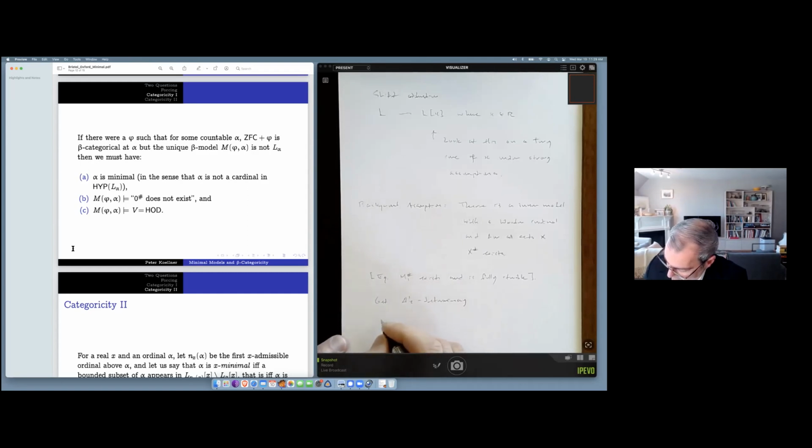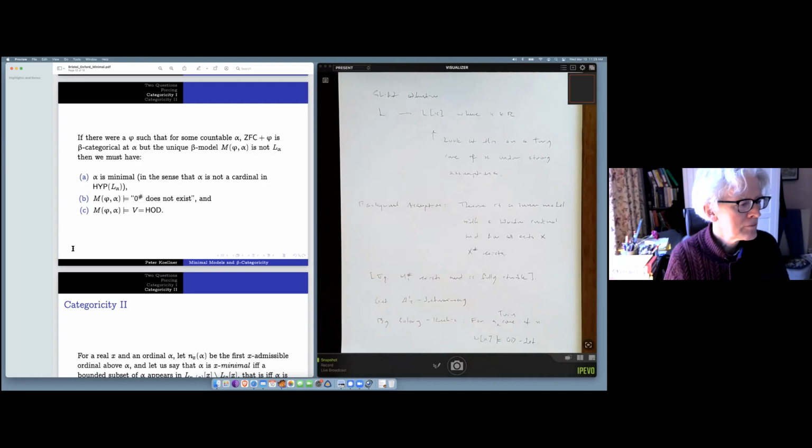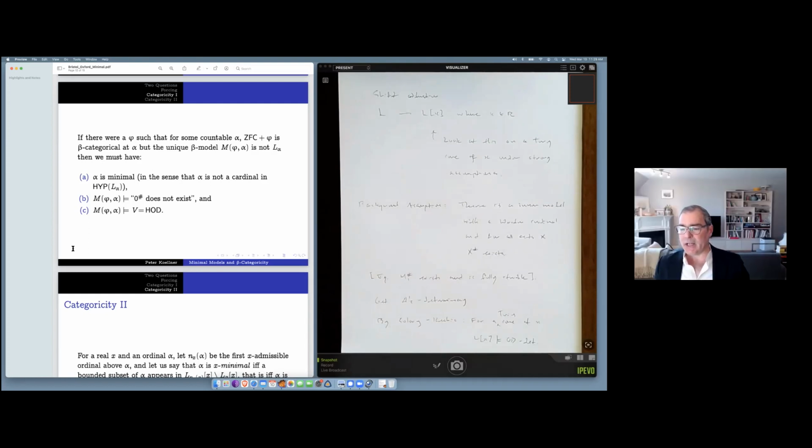And you get that by Solovay and Kechris, for a cone of X, the Turing cone, L of X satisfies OD determinacy. And since we've got sharps in the background, by a result of Kechris and Woodin, the theory of L of X for a cone of X is stable.